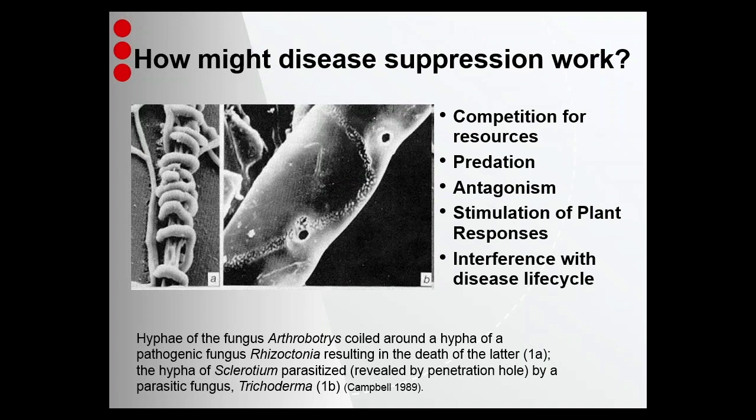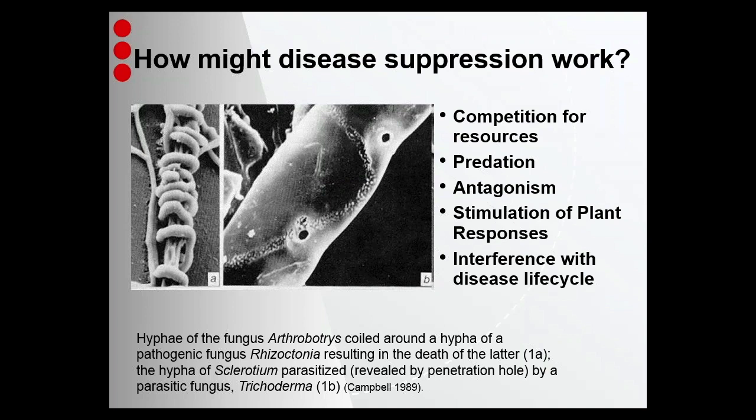There can also be stimulation of plant responses, and we'll go into more detail on this one because it's pretty interesting. And there can also just be interference with the disease life cycle. In some cases, for instance, we see that diseases need to build up to a high population before they turn to a pathogenic life stage of their life cycle.